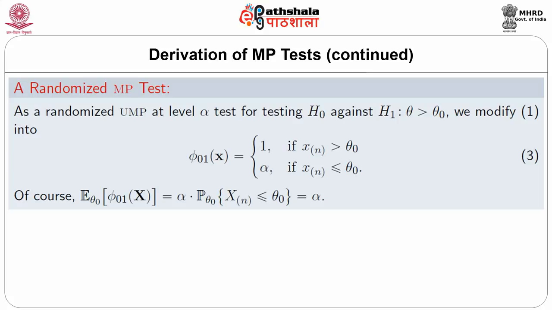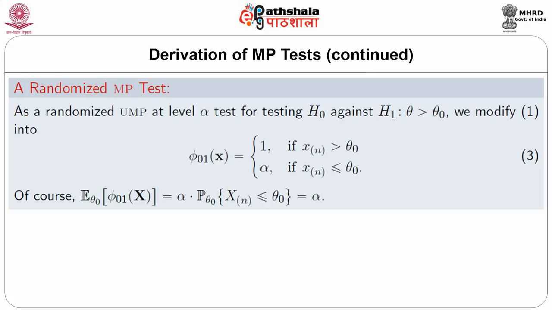Now, we consider this randomized test, which is also a most powerful test. Where x order n is less than or equal to theta naught, you take alpha. Then, what is the expected value of phi naught 1 under theta naught? This is 1 into the probability of x order n greater than theta naught, plus alpha into the probability of x order n less than or equal to theta naught, under theta naught.